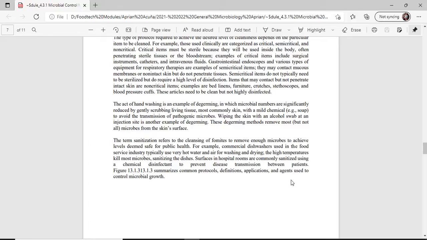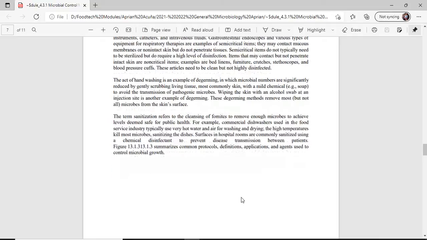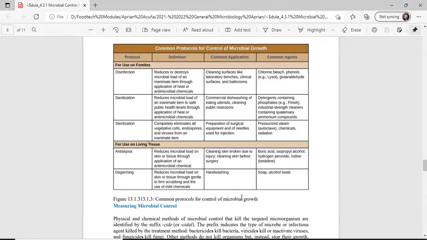We have summarized common protocols, definitions, and also applications of the agents used to control microbial growth. So you have here a summarized table. You have disinfection, its definition, application and common agents. Disinfection, you are using chloride, bleach, phenols, for example Lysol and Zonrox. Then you have sanitation, it reduces microbial load on an item to safe public levels. You have detergent containing phosphate, industrial cleaners.